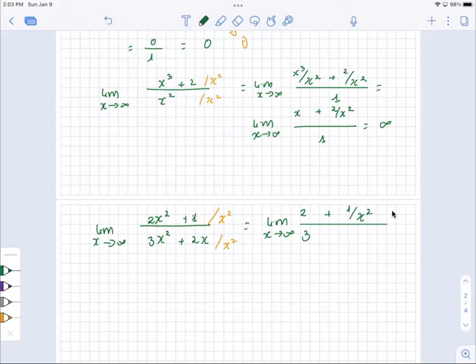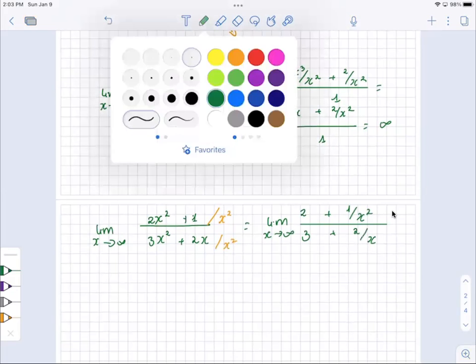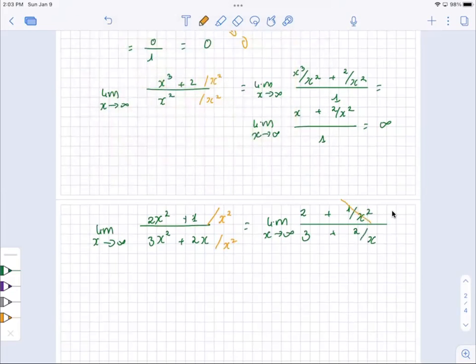And then 2x divided by x squared will be 2 divided by x, right? So now you can see that this term goes to 0. And this term goes to 0. So therefore, the limit is equal to the leading coefficients of the highest power, right, which is 2 over 3. All right, so I hope it helped.